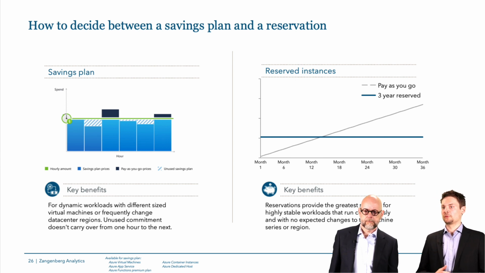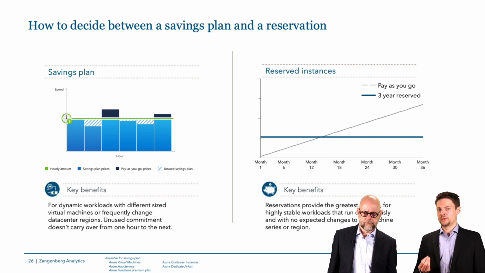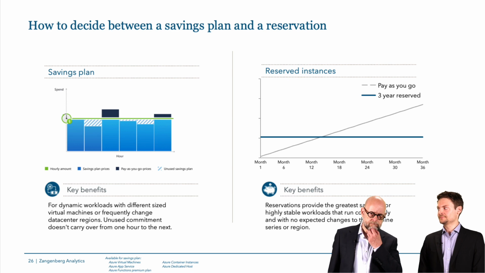So it gives more flexibility, but it doesn't give as big savings as the reserved instance does. So either you gain some discount and flexibility, or you get high discount and low flexibility. That is the topic.